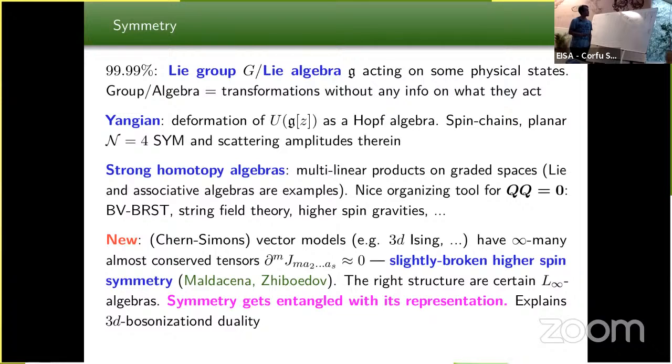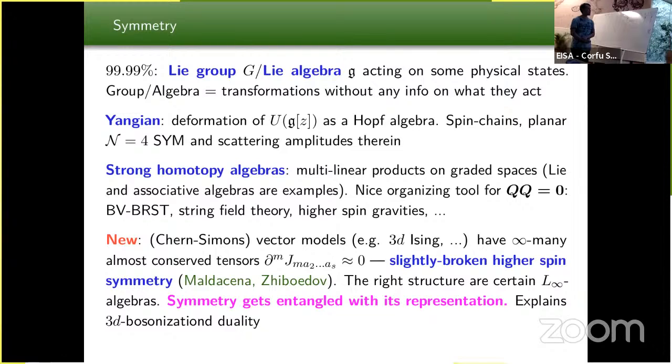Then another type of symmetry, which is, I think, far less popular, is Yangian, just to give an example, where the structure is a deformation of the universal enveloping algebra as a Hopf algebra. And it finds lots of applications in integrable models, spin chains. So another kind of higher structure that you would think is associated with symmetry are strong homotopy algebras.